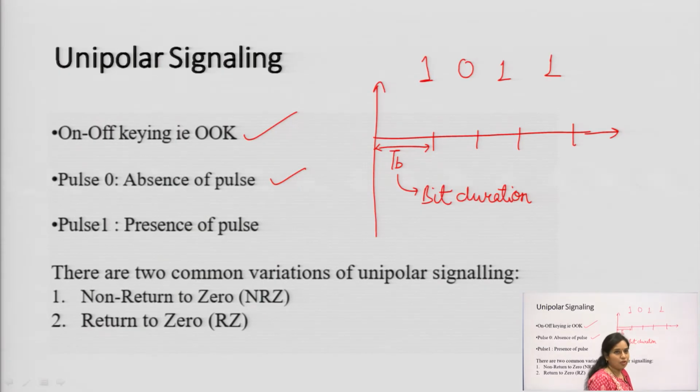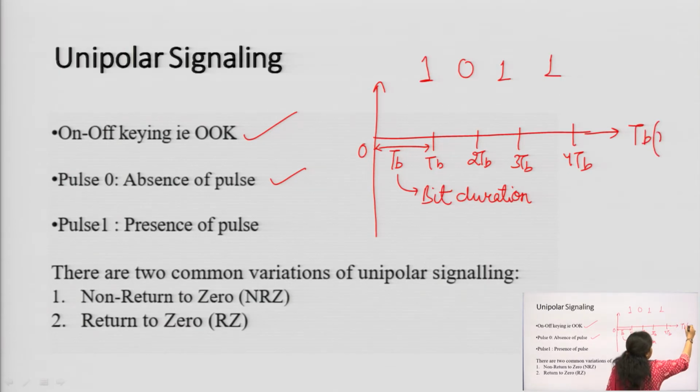It is not fixed, meaning a universal bit duration is not there. You can design depending on your requirement. So, this will be 0, this will be TB, then 2 TB, 3 TB, 4 TB and so on. This is the bit duration, let us say in terms of seconds.